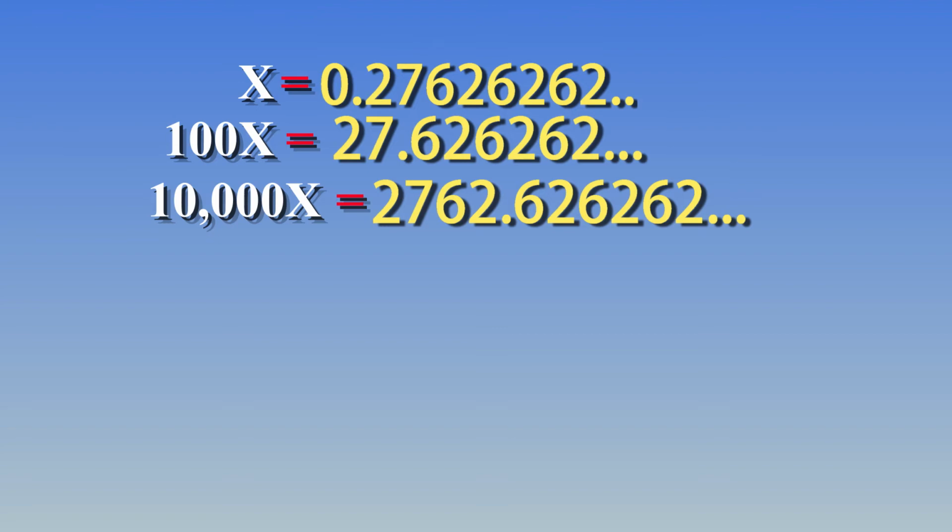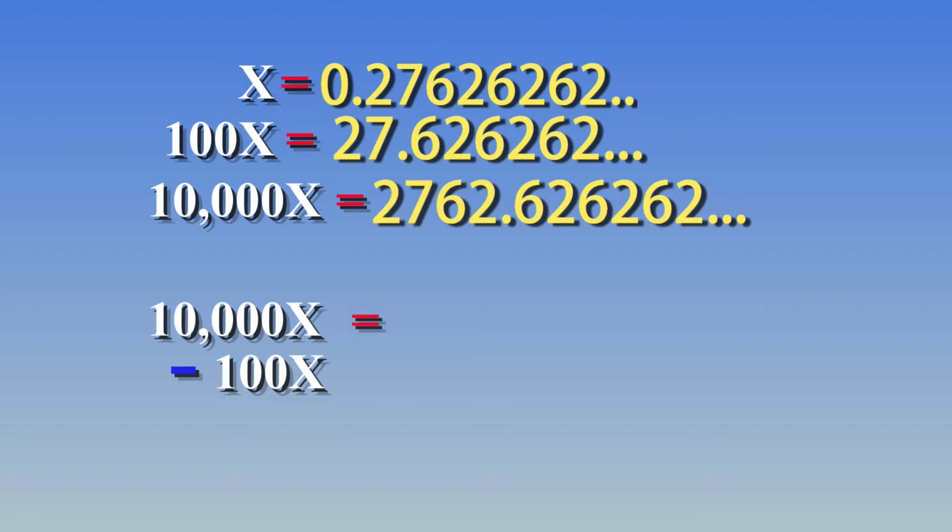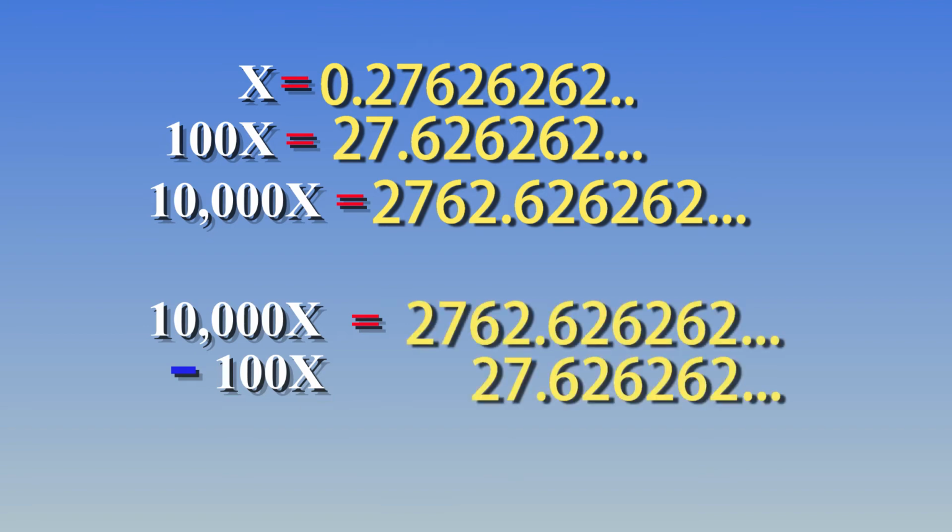In step 4, we make a two-sided equation again with the x values on the left-hand side and the numerical equivalents on the right-hand side. We take the two largest x values and subtract the smaller one from the larger one, and that gives us 10,000x minus 100x. And on the right-hand side, we represent this with their numerical equivalents. So that's 2,762.62 recurring minus 27.62 recurring.